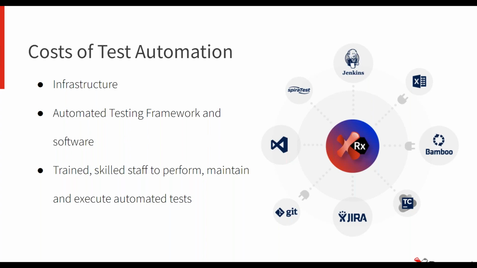Yeah, and so as you said, there are definitely costs to implementing test automation. It's never free, even with the free tools. You can implement free tools, but you still have to pay someone to actually do the implementation.